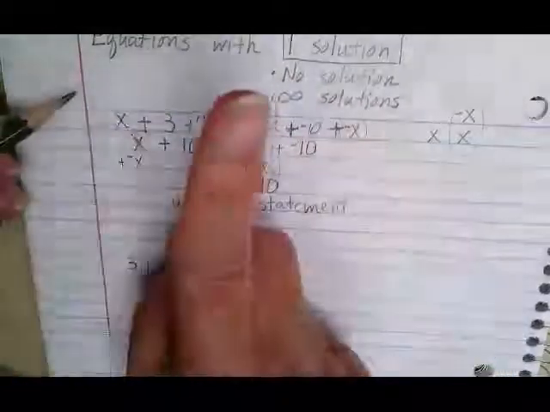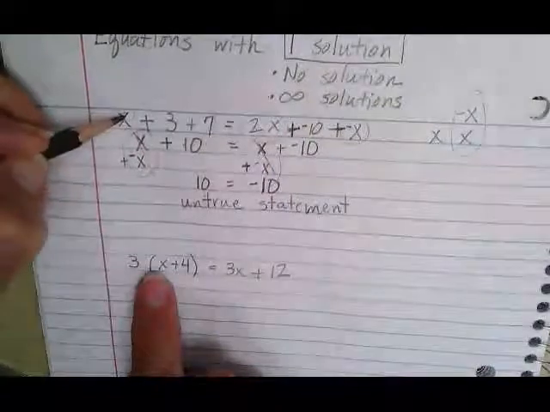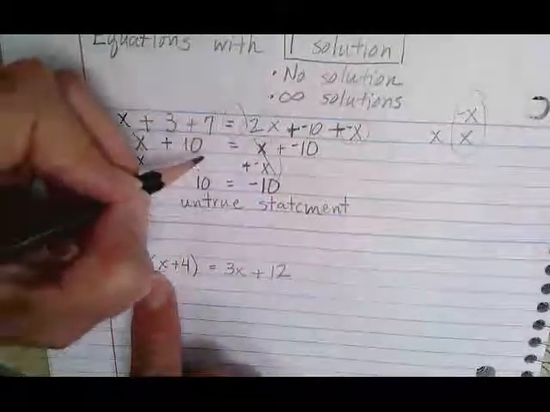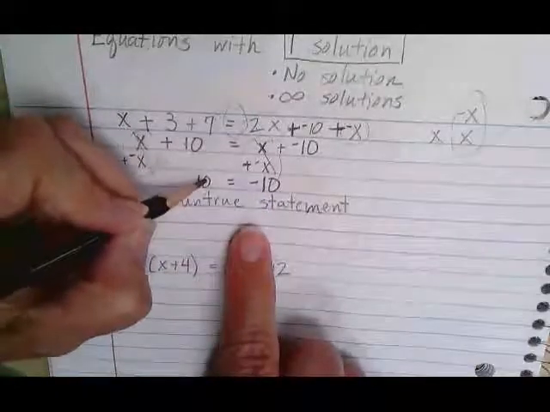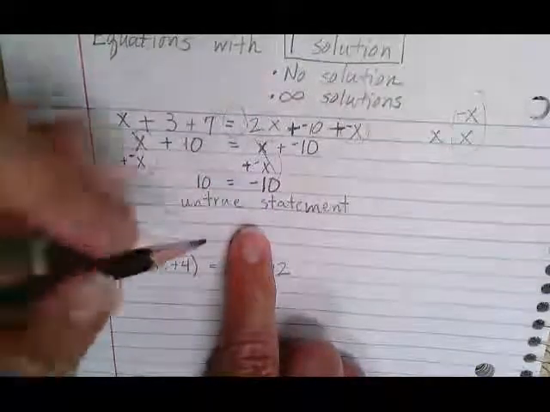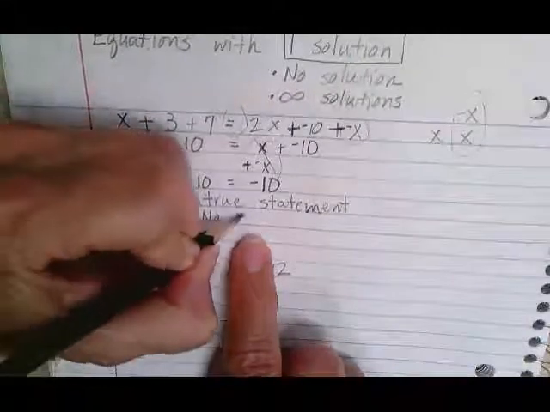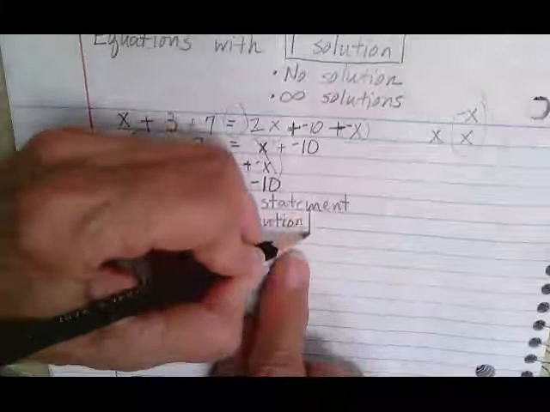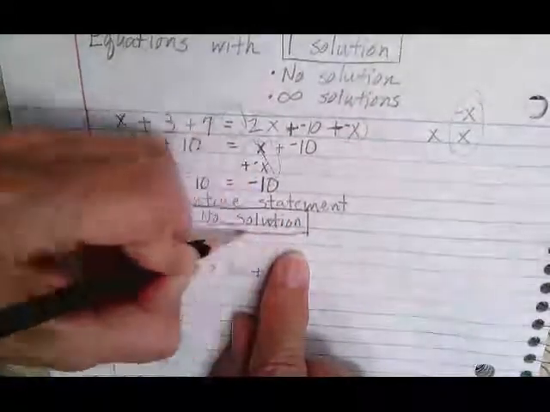There is no one number that I can put in for x and have this whole thing be equal. So when I get an untrue statement in the end, that means there is no solution. This is the correct answer to this problem.